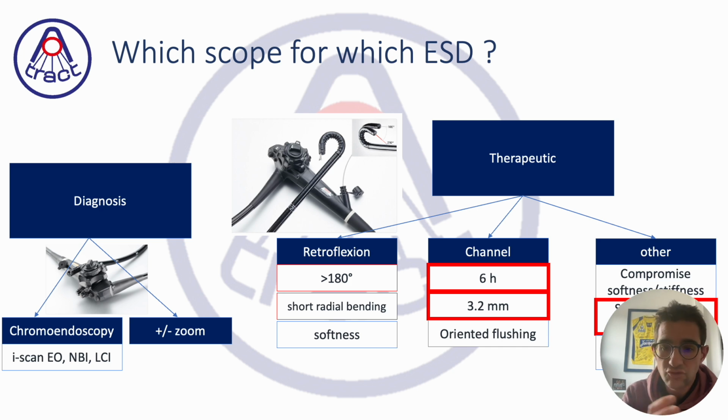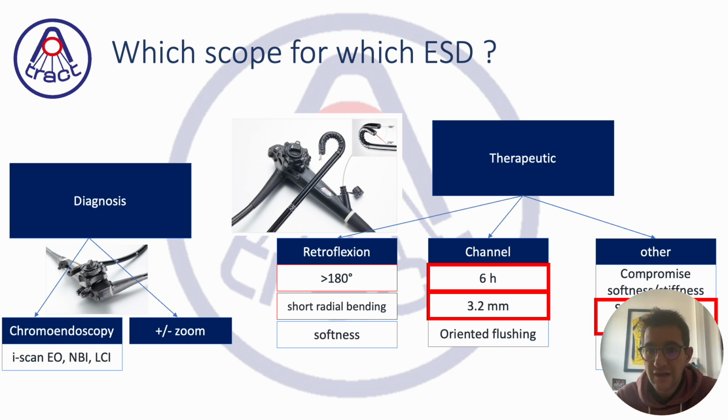Sometimes you will have to choose a compromise between softness and stiffness, with adaptive rigidity, for example, in order to have a scope which is able to go in the right colon without looping, with good maneuverability, because maneuverability is probably more important in the right colon than retroflexion power.